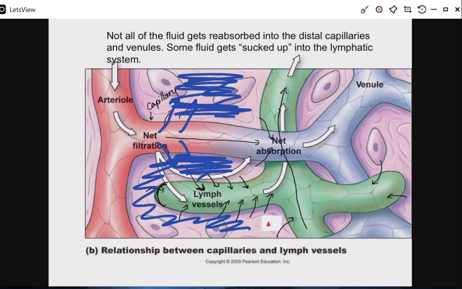We see people who have had part of their lymph system removed have recurrent swelling in the same limb where their lymphatic system is removed or blocked. And again, that underscores the importance of the lymphatic system in draining fluid from the interstitial fluid. So again, not all the fluid goes back into the capillaries. Some of it goes into the lymph.